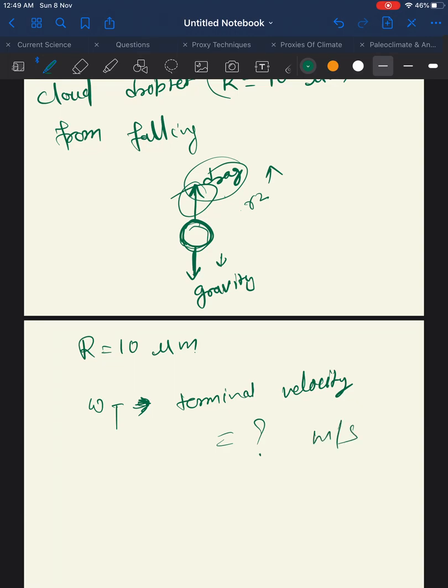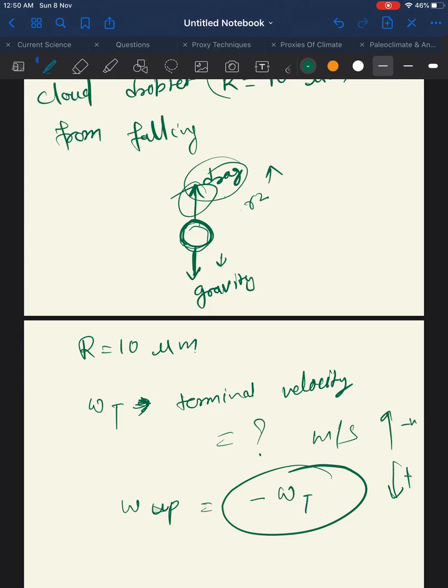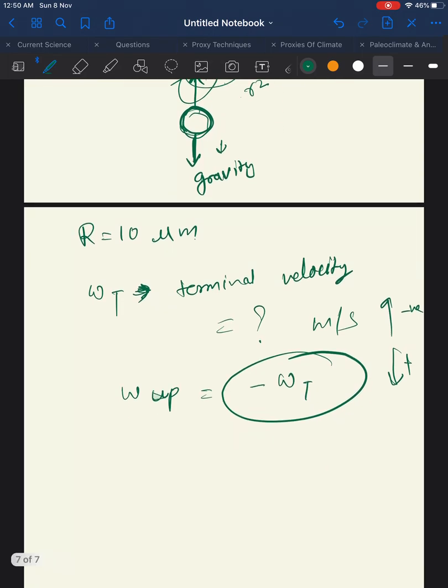It is in meters per second. So this W up, the upward velocity, is basically minus WT. We can write downward terminal velocity as positive, and it is moving in the upward direction, so upward is negative. So we can write W up is equal to minus WT.